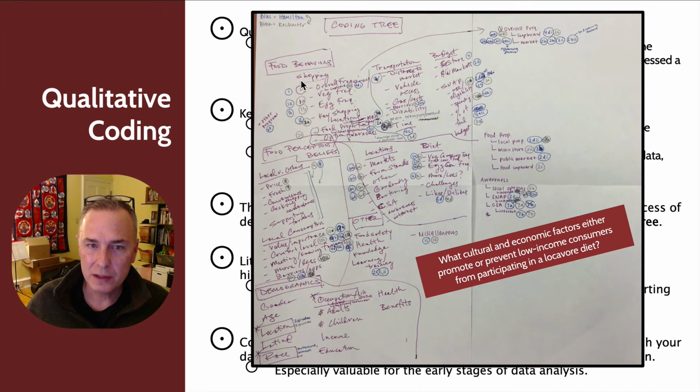But overall, you can see things like food behaviors like shopping, transportation, budget, the locations where you shop for food, your diet, and what kinds of things you like to make or don't like to make for your food. Perceptions and beliefs, how important is local shopping to you, and other things related to that, and then demographic factors as well, about who you are and how that matters with these other things.